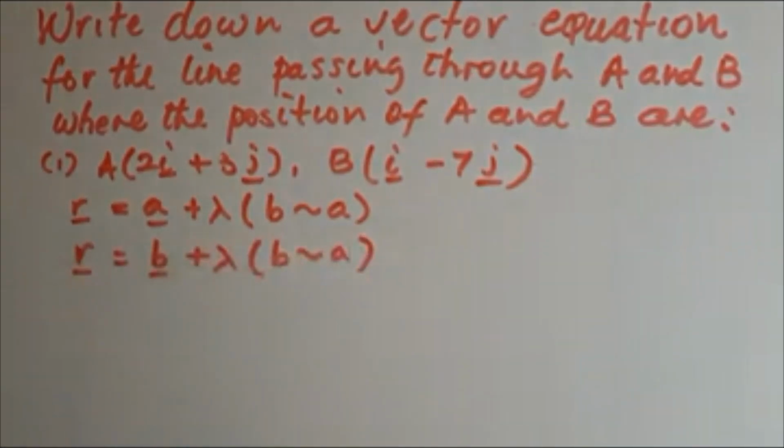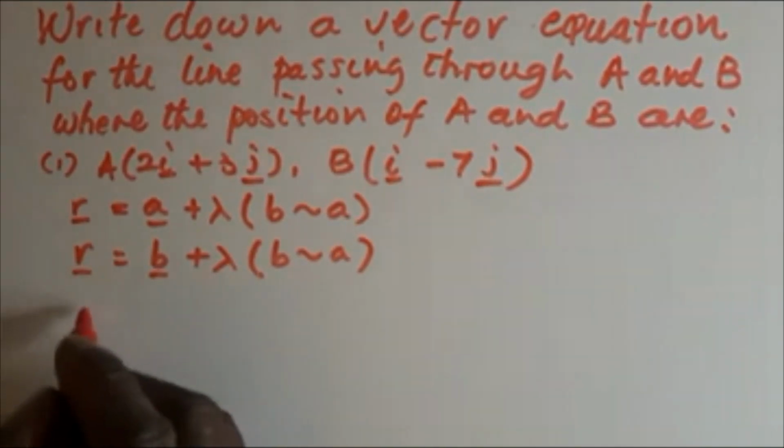And these two produce 4 different forms. I'll leave it to you to work out which form I'm using for each one of these problems we'll attempt to write down the vector equation for.